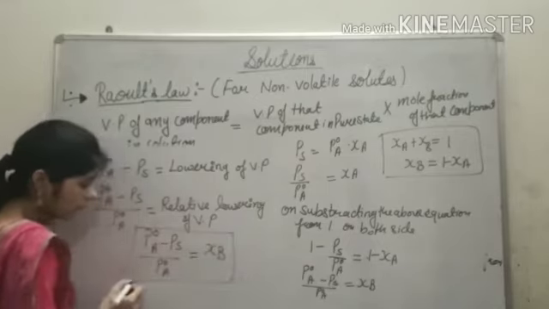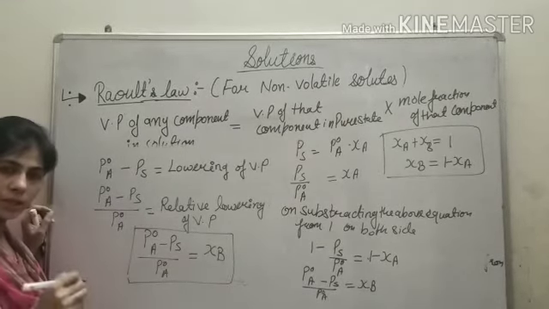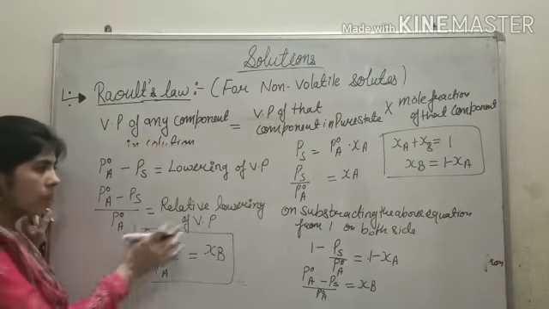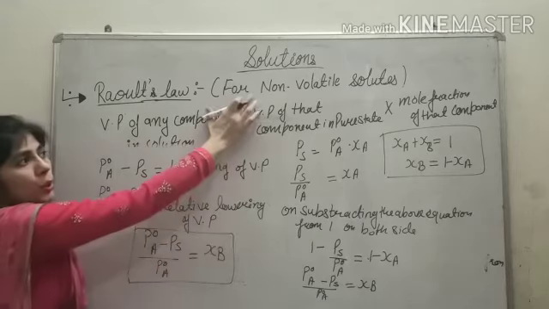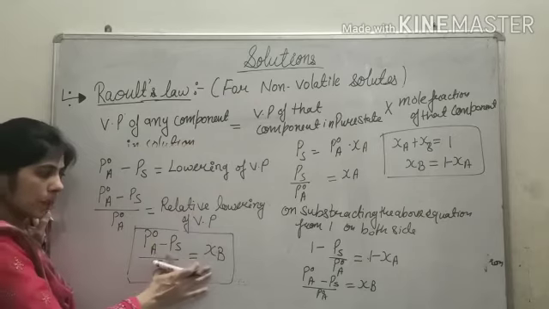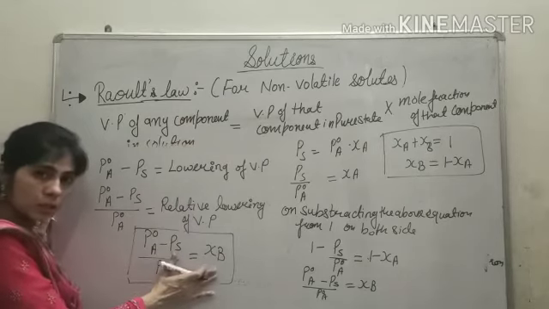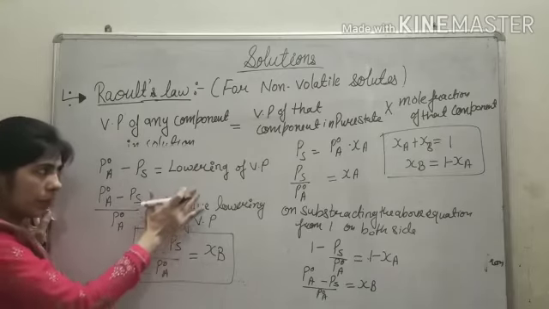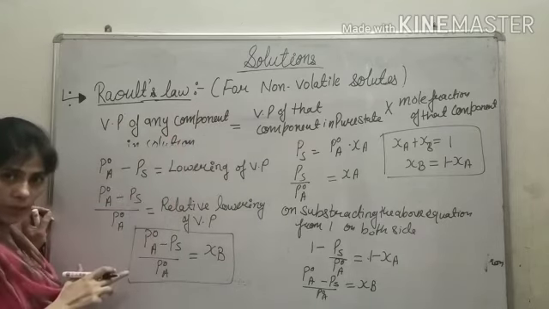And students, P naught A minus PS upon P naught A is equal to XB, and this expression is expressed in words as follows: the relative lowering of vapor pressure containing non-volatile solute in the solution is equal to the mole fraction of solute present in the solution.